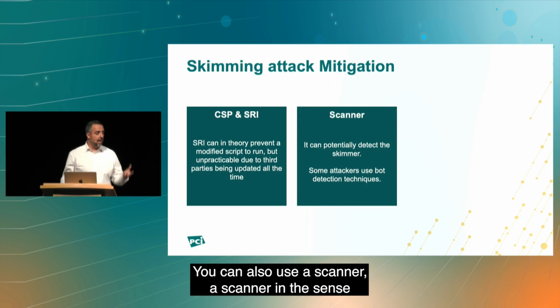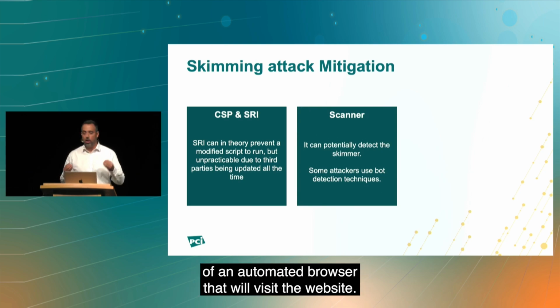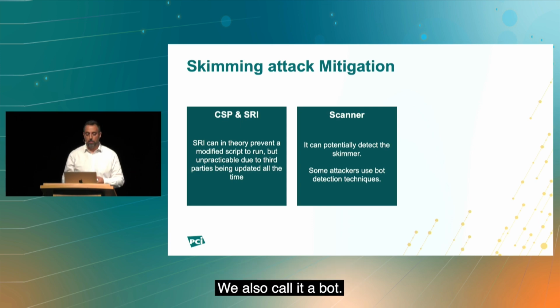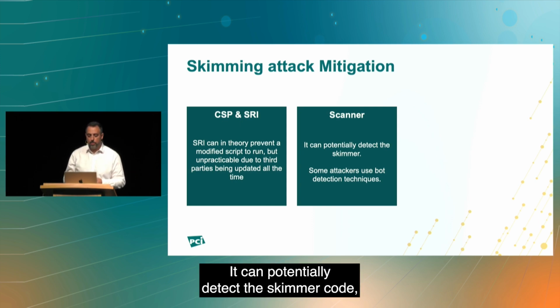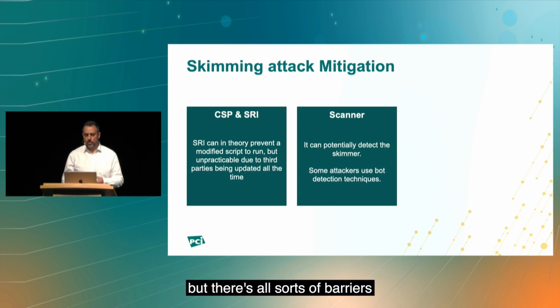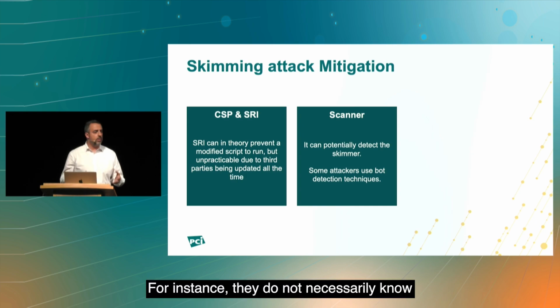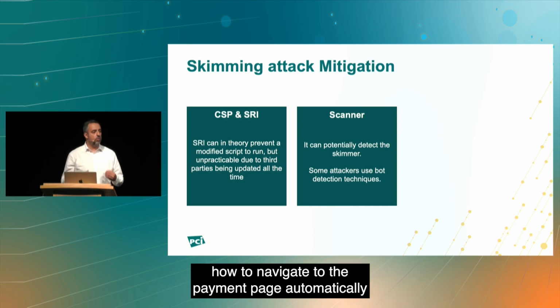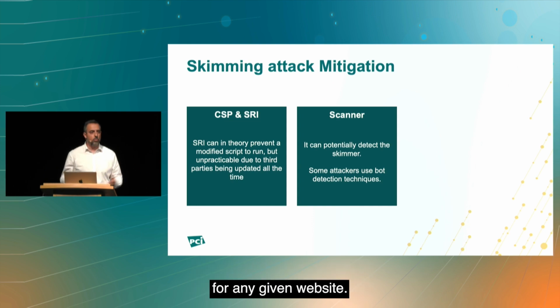You can also use a scanner, in the sense of an automated browser that will visit the website. We also call it a bot. It can potentially detect the skimmer code, but there's all sorts of barriers that scanners need to face. For instance, they do not necessarily know how to navigate to the payment page automatically for any given website.